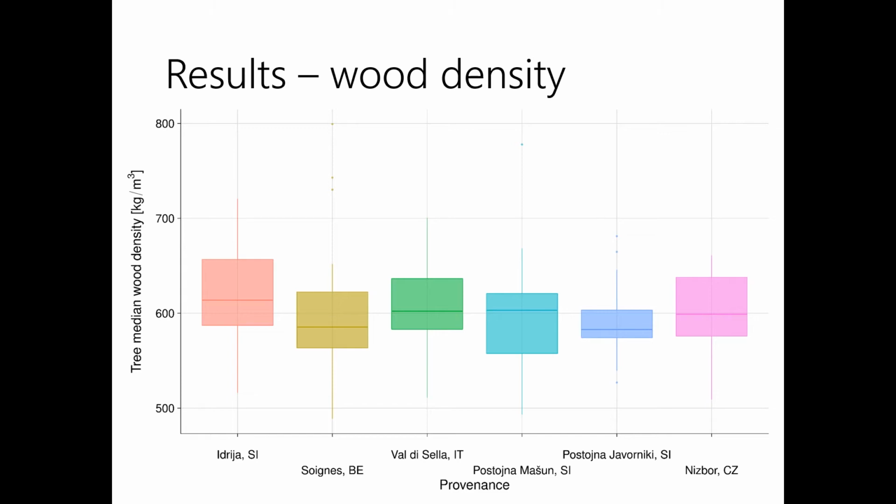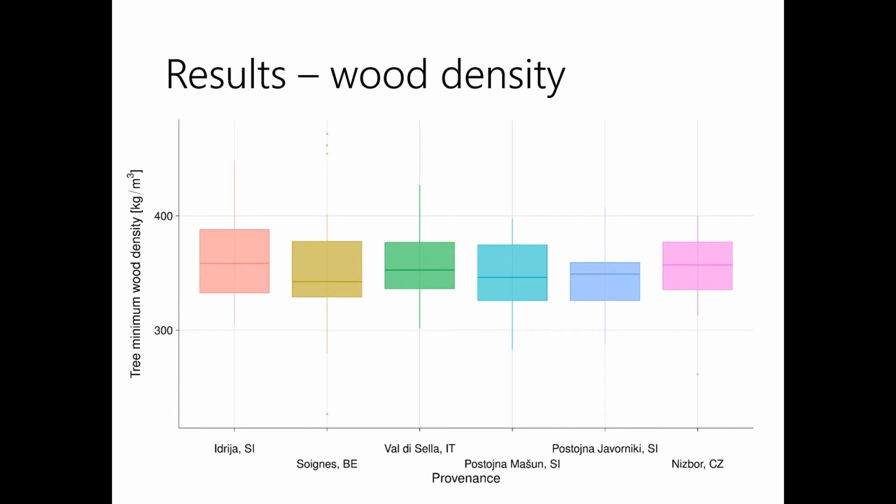Although there are some differences between provenances, the differences here are not statistically significant. In general, the Idria provenance has slightly higher values, while the lowest values were found in the provenance from Belgium and Postojna Javorniki.